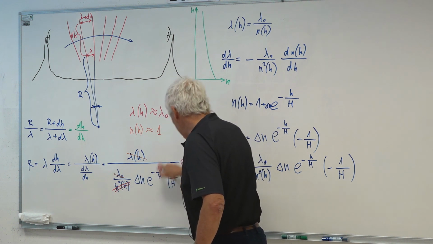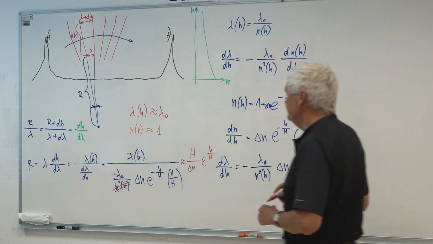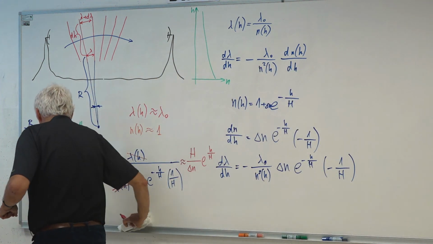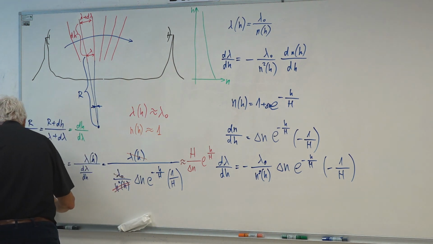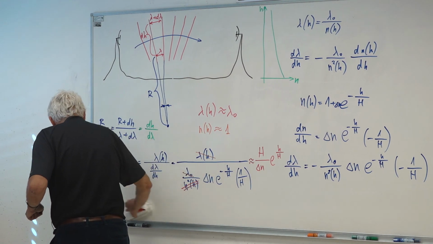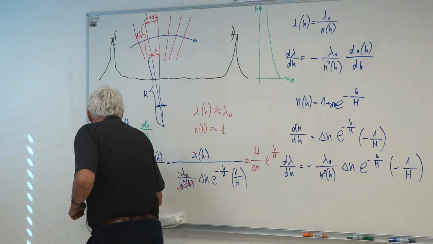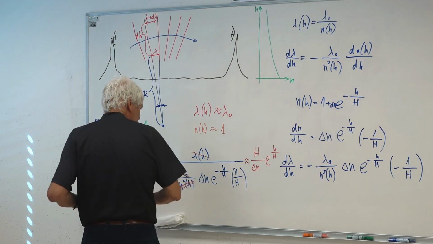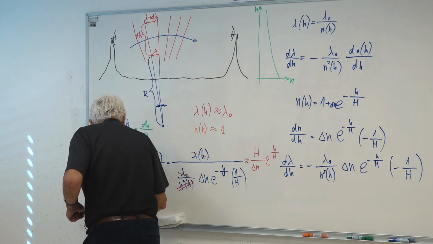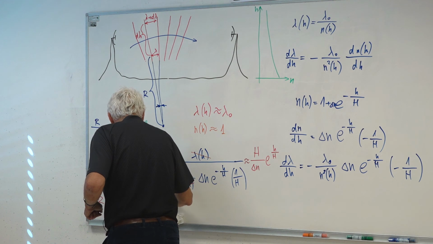Because it's in the denominator, in the numerator I should remove the minus: h over H. So I have quite a simple equation now that this radius, of course, is a function of the altitude where I am. It's a function of h, of the altitude. This radius is here now capital H, the barometric constant, divided by delta n times e to the h over H.